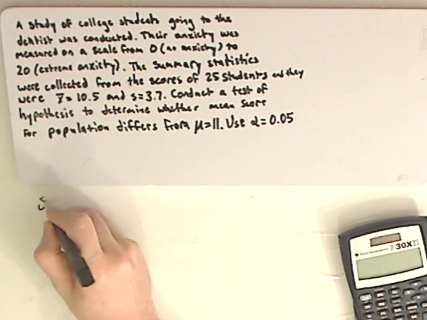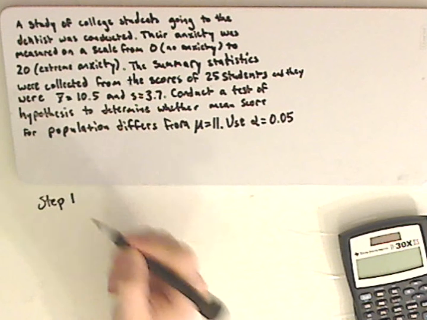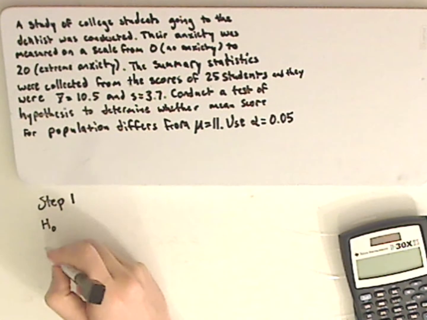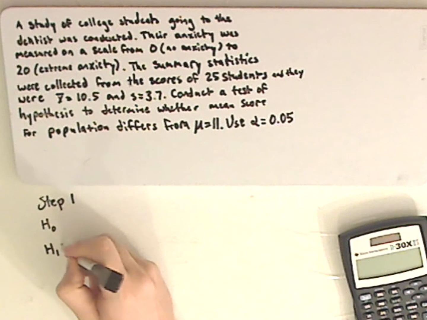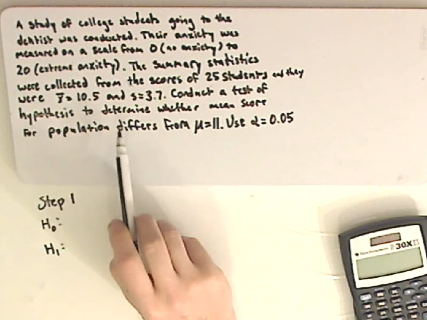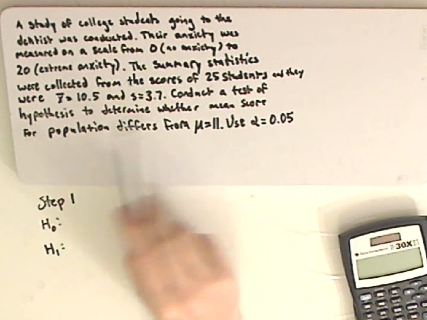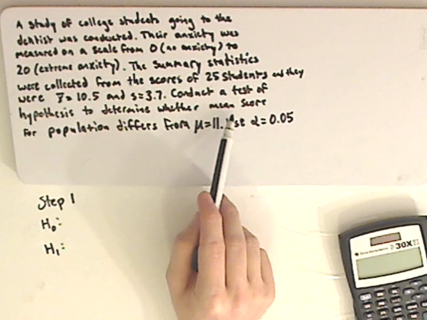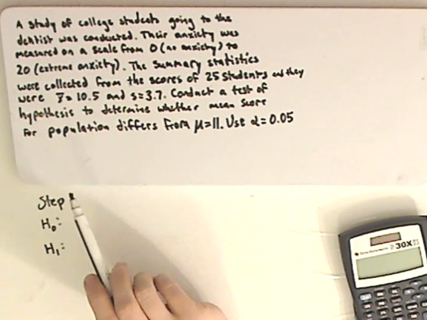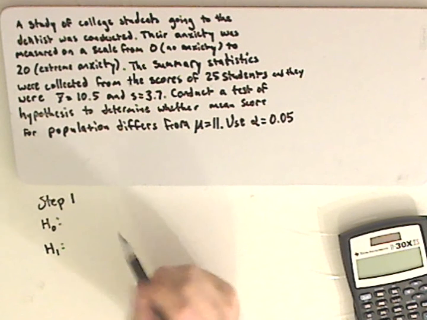Step 1 is always the same. You want to know what your null hypothesis and your alternative hypothesis are. You also want to identify where the claim is, and usually the claim will help you determine the null hypothesis or your alternative hypothesis. They want you to test whether the mean score for the population differs from the mean equaling 11.